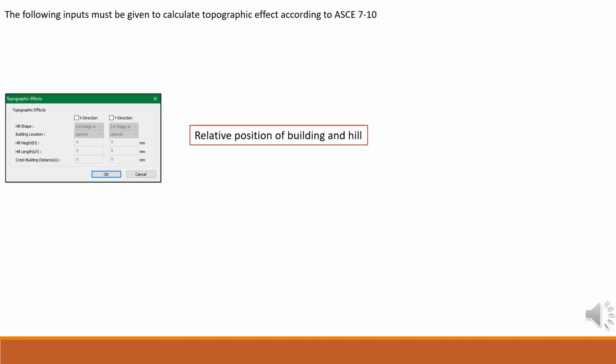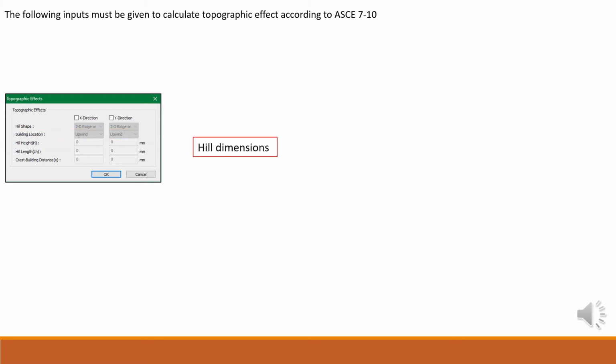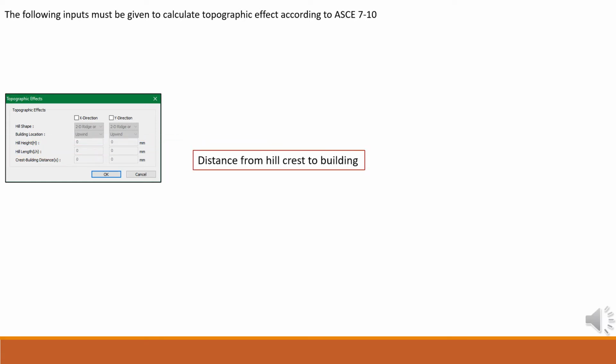Third input is relative position of building and hill. Next is hill dimensions. Finally, it is distance from hill crest to building.